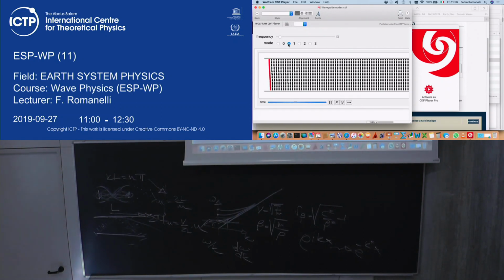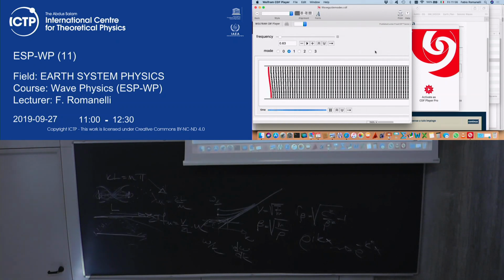Now, if we stay here, we don't hear anything. It's damped. Because in this animation, all of the higher modes have a cutoff frequency, so the first fundamental mode has a cutoff frequency of 1. If I stay below, you see it's not moving. Now it's moving a little bit more, but still standing, damped. Now let's try one.